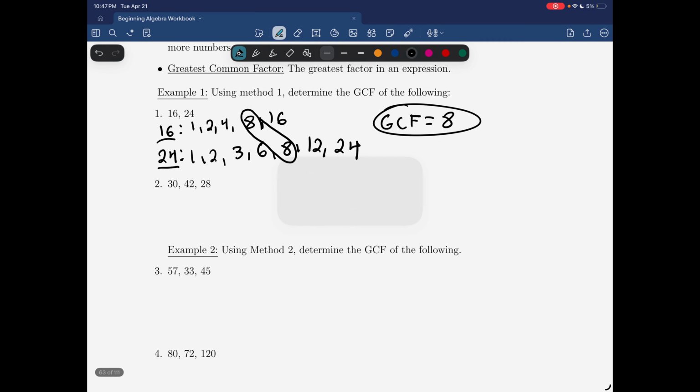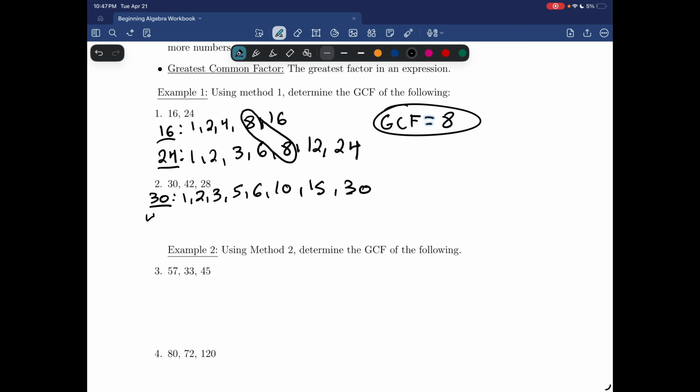Looking at example 2, we have 30, 42, and 28. So let's write out our factors. For 30, our factors are 1, 2, 3, 5, 6, 10, 15, and 30.